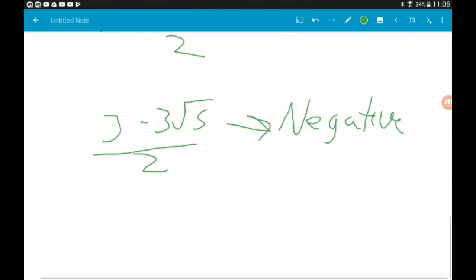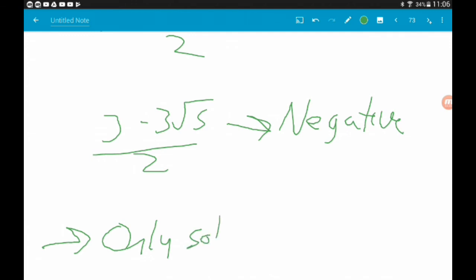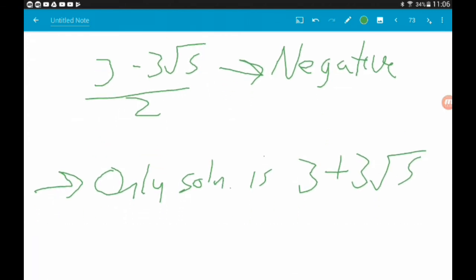So the only solution is 3 plus 3 root 5 all over 2. Again, that's because you cannot take logarithms of negative numbers, so be very, very careful with that.